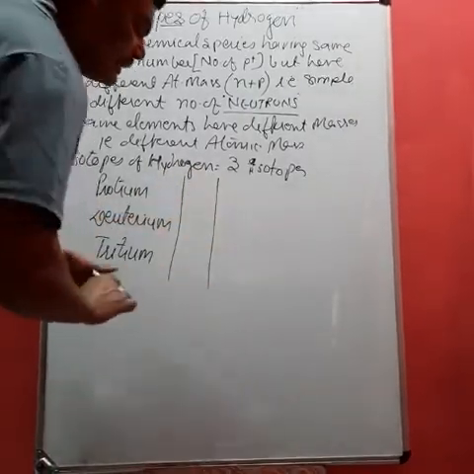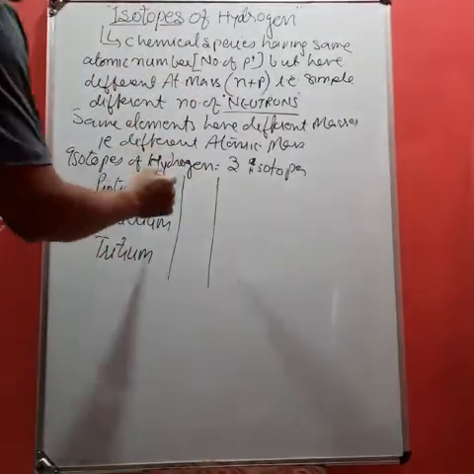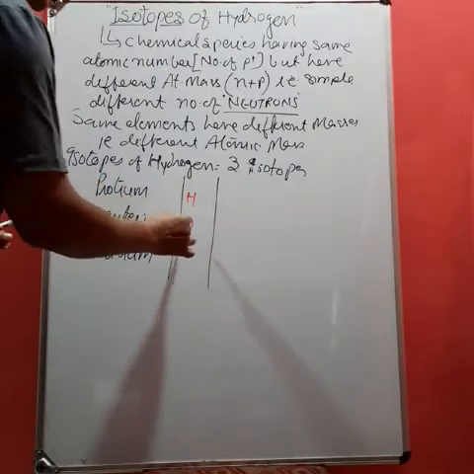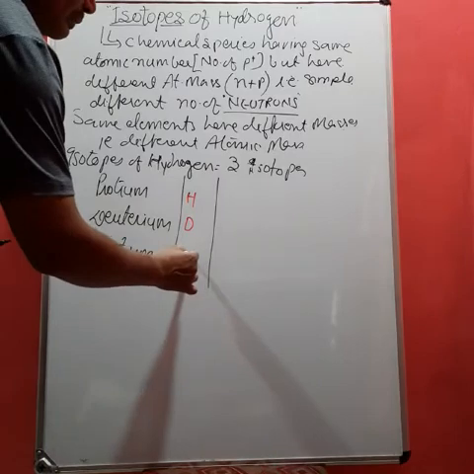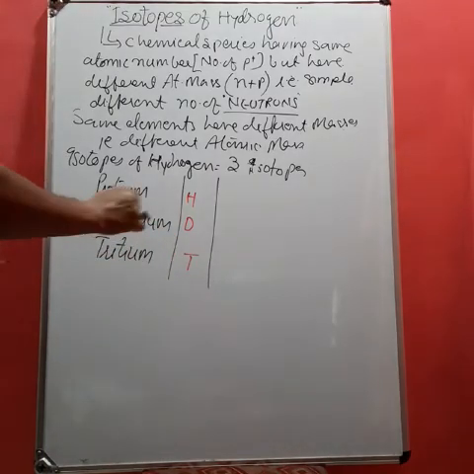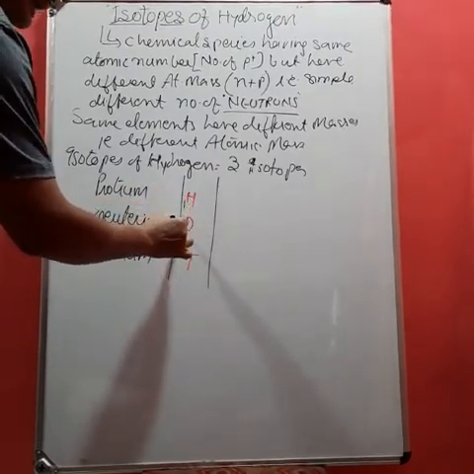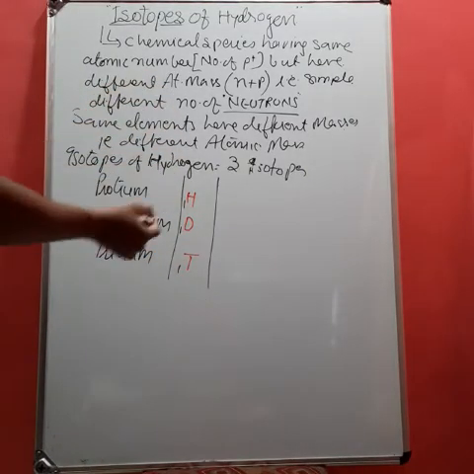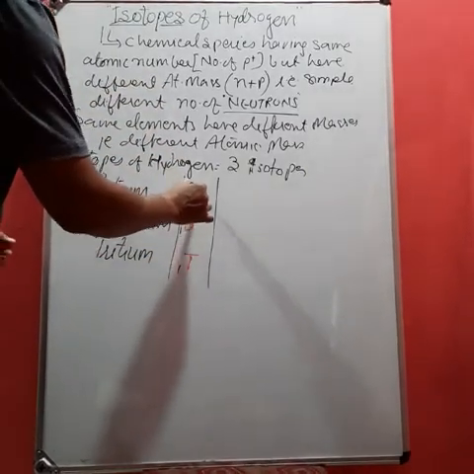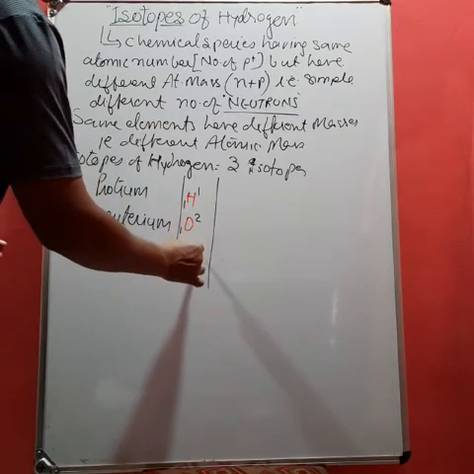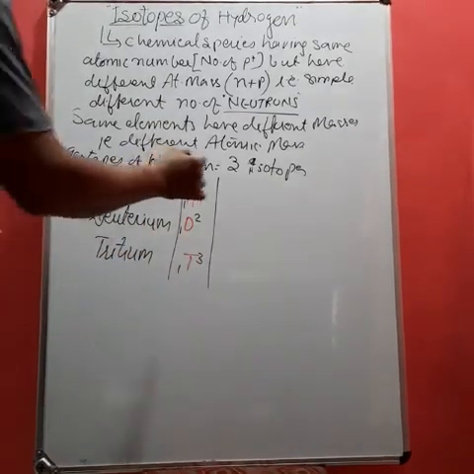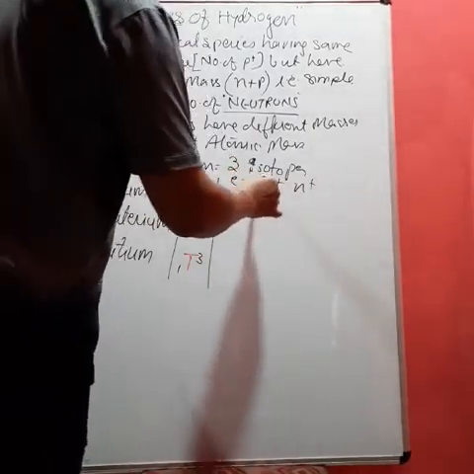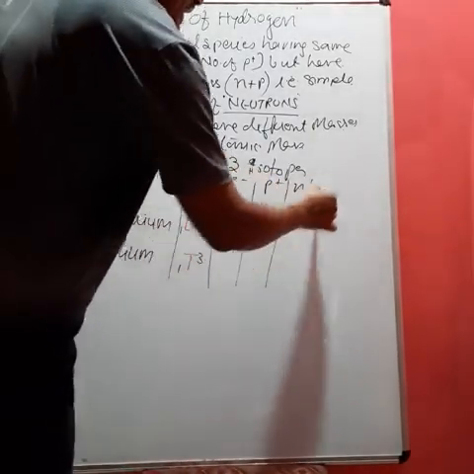They are denoted as protium by H, deuterium by D, and tritium by T. All of them have the same atomic number, but different masses: its mass is 1, its mass is 2, its mass is 3. On the basis of electron, proton and neutron number, again we can differentiate them.